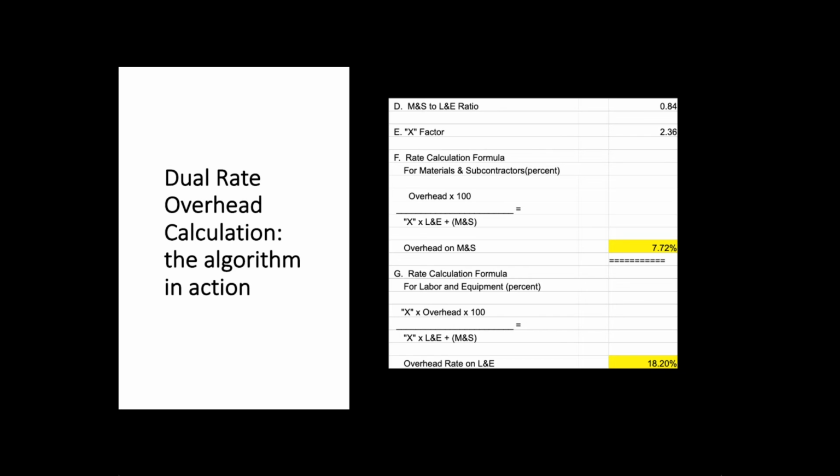And so for material and subcontracts, the overhead needed to manage the material and subcontract amount is 7.72%. That's regardless of profit. That's the cost. For the labor and equipment, it is 18.20%. That is extra money needed to manage the labor and equipment.